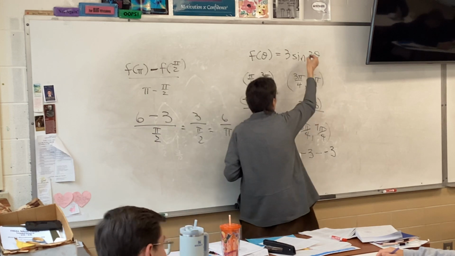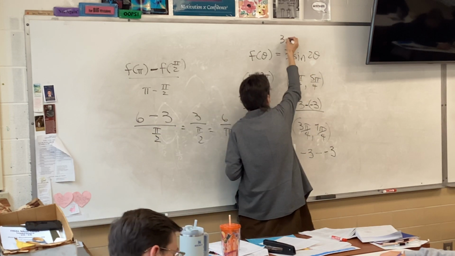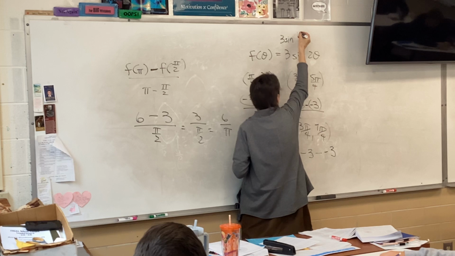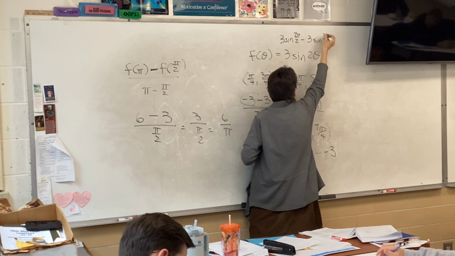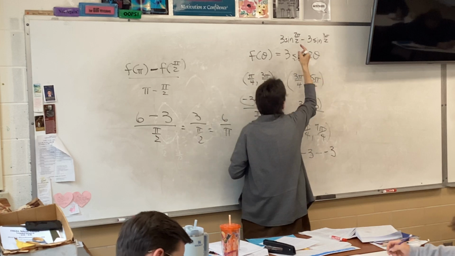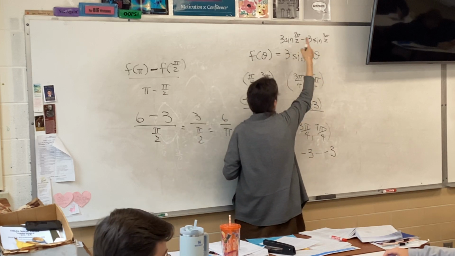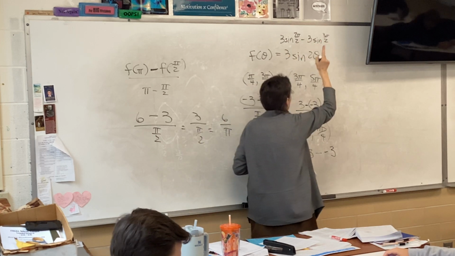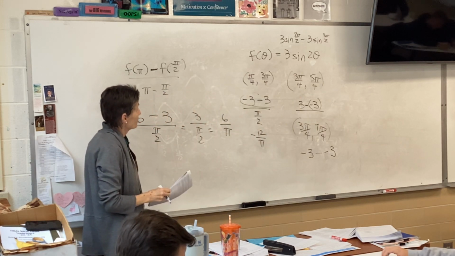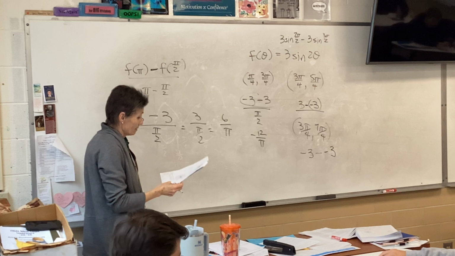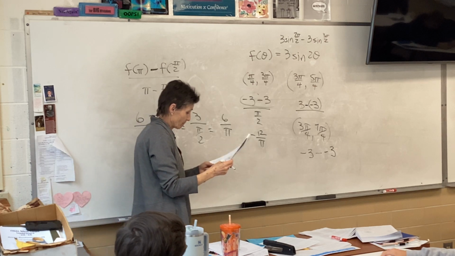Because this would be 3 sine 7 pi over 2 minus 3 sine 3 pi over 2. This one's negative, that's minus another negative, so yeah, that one works.